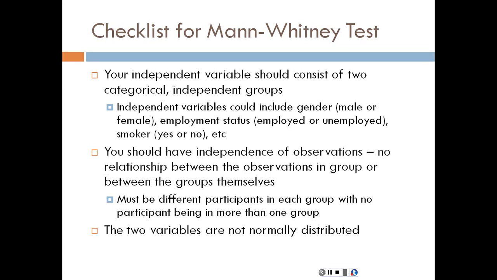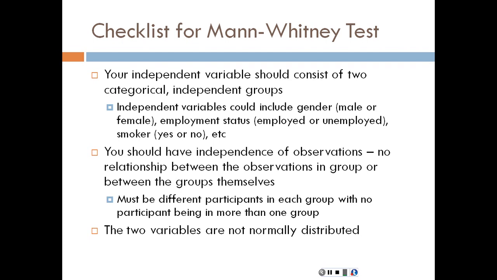If I'm using a Mann-Whitney test, I should be comparing groups. Now make sure that your groups consist of two categorical independent groups. Categorical meaning male, female. It can be based on education level. It can be based on employment status. It can be whether this person is a smoker or not.